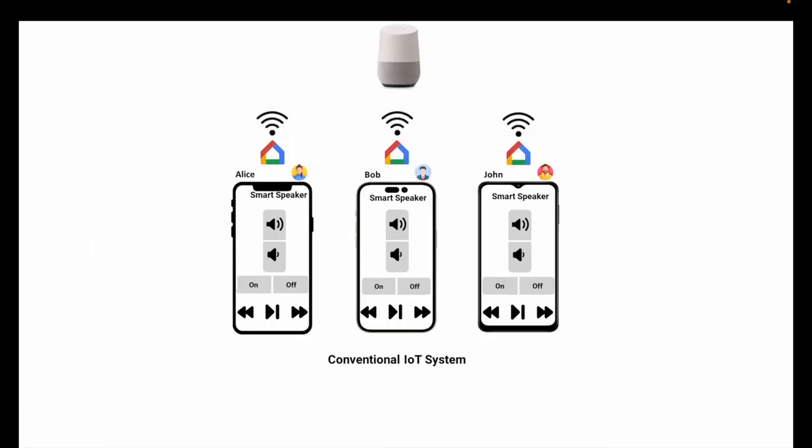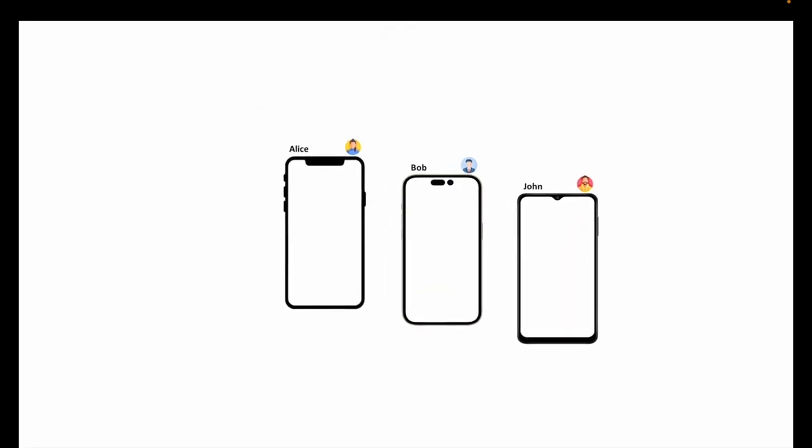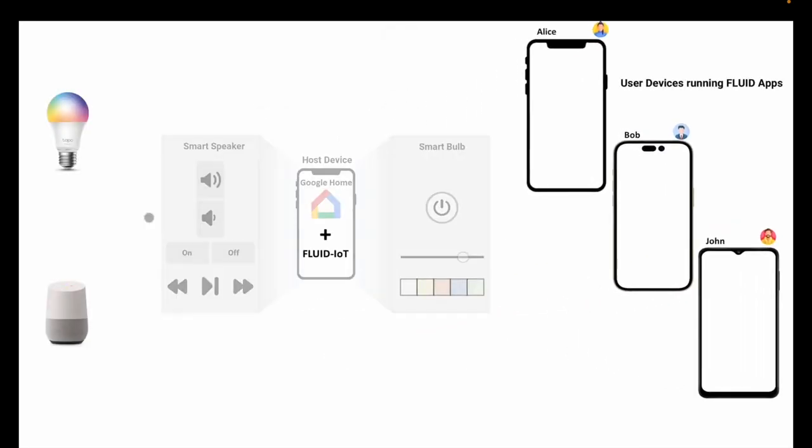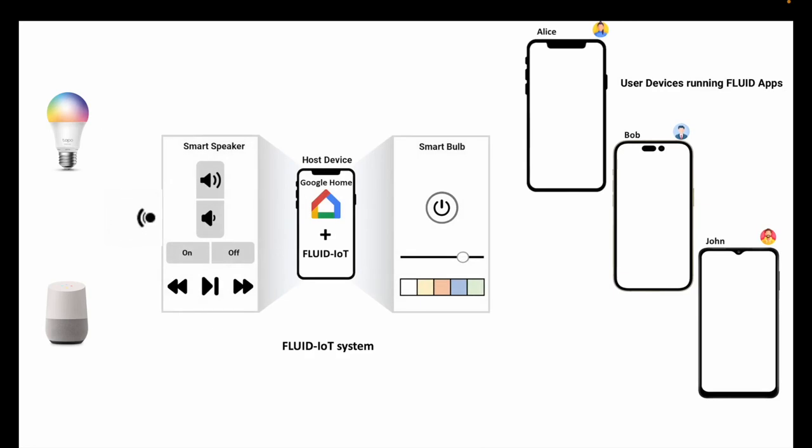We have expanded the multi-device paradigm of FLUID-XP to encompass a multi-user framework, applying this technology to access control. Our concept is straightforward: selectively distribute IoT control UI components from a single device running an IoT app based on each user's permission.